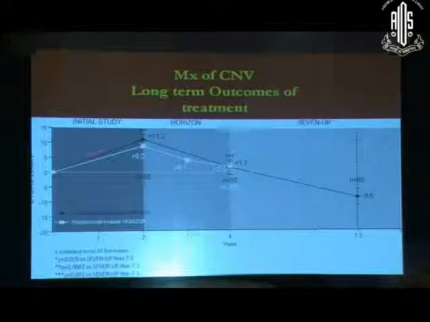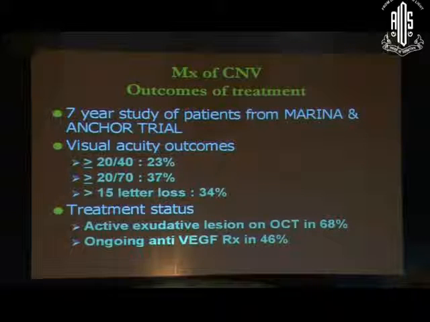Well, if you see, this initial study means the Marina and the Anchor study. And then there was a follow-up study, the Horizon study. And you see, the gain of 10 letters started going down in the Horizon study, and the 7-up study, which is a long 7-year study, it went down further. So what happened? At the end of 7 years, that means long-term results, what can you achieve in these patients?